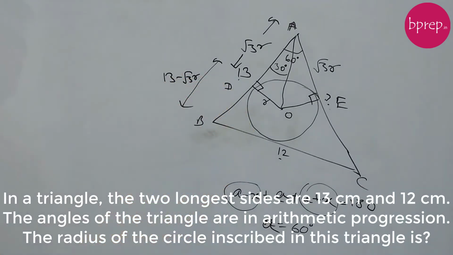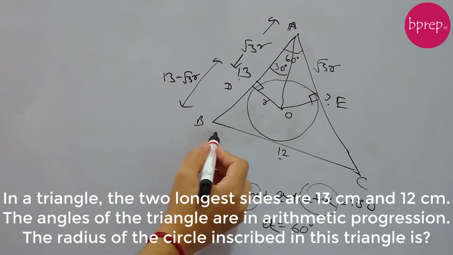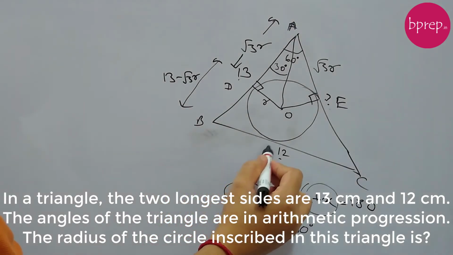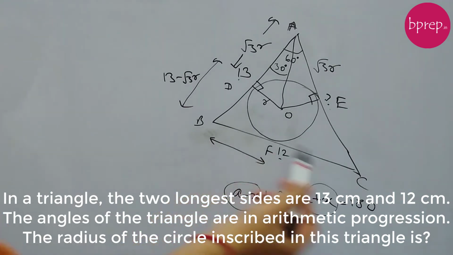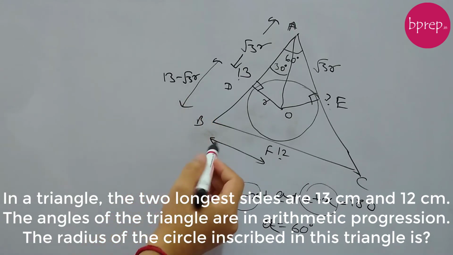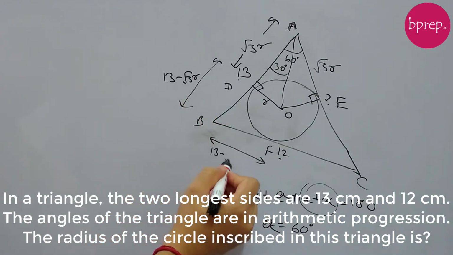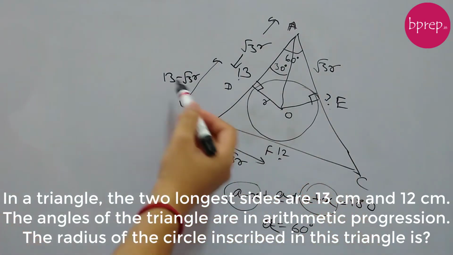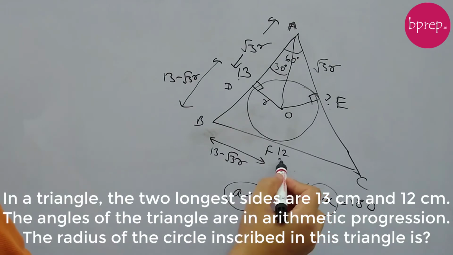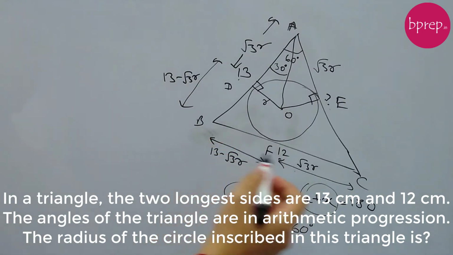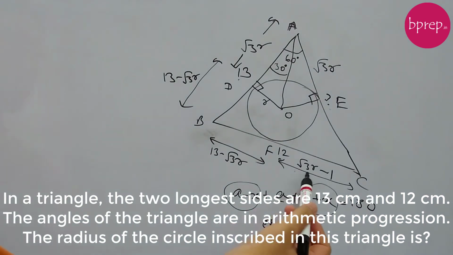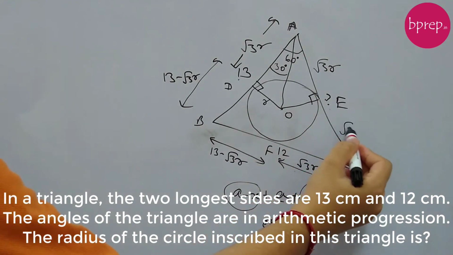And if this is 13 minus root 3R, and this point is F, then BF would also be 13 minus root 3R, and the total side BC is 12, so FC will be 12 minus (13 minus root 3R). So we can say FC is root 3R minus 1. And if this is root 3R minus 1, then EC will be root 3R minus 1.